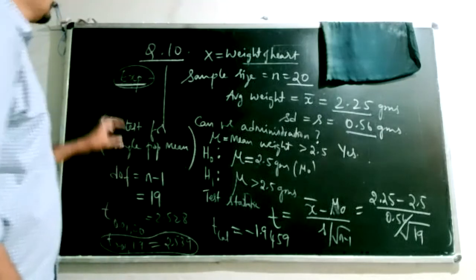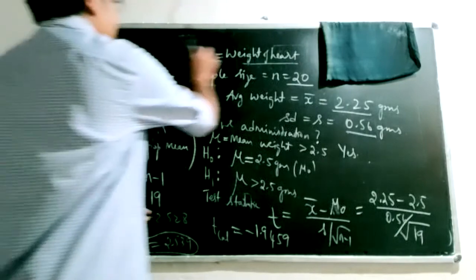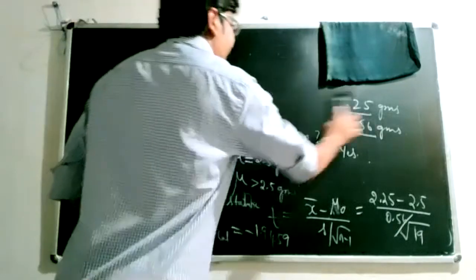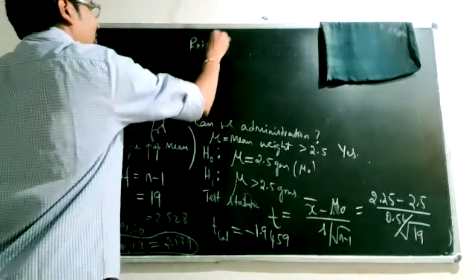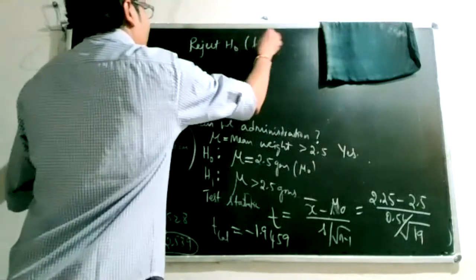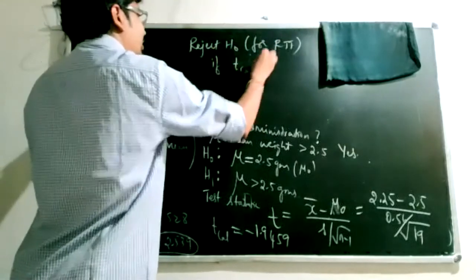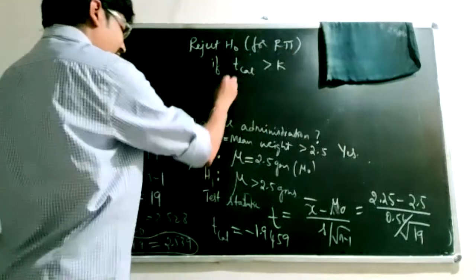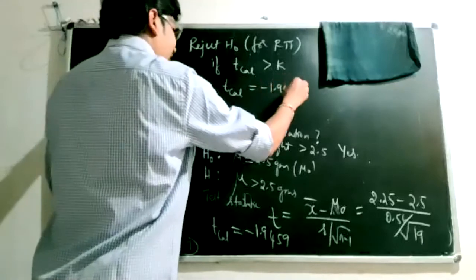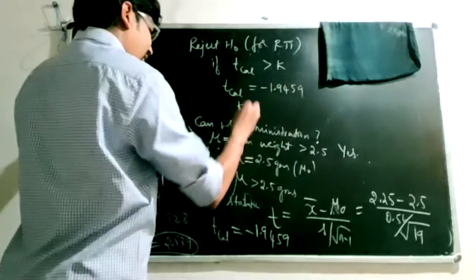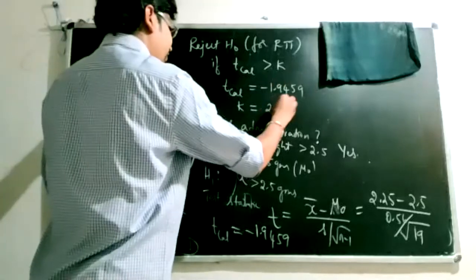Now for a right tail test, if you remember the rejection procedure, reject the null hypothesis if your observed value is more than the table value. So reject H0 for a right tail test if your calculated value is more than k. Here our calculated value is minus 1.9459 and k is 2.539.